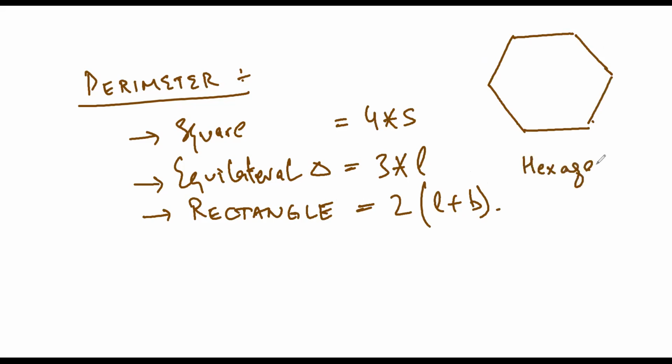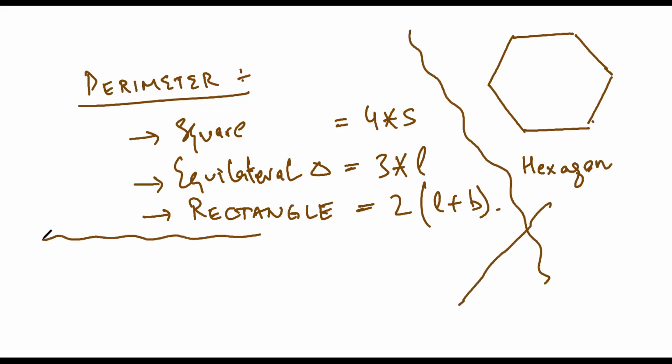Let us assume that this is a hexagon. Do you understand what is a hexagon? A polygon which has 6 sides. Very good. Let each side be h. So what will be the perimeter?